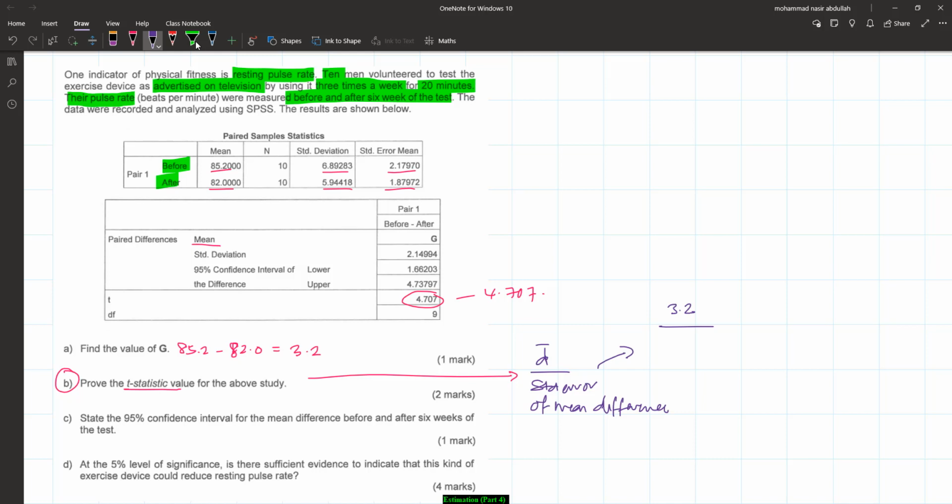So where is the standard error? Standard error of the difference should be standard deviation of the difference 2.14994 divided by square root of n, which is 10. So this one should be more or less equal to 4.707.